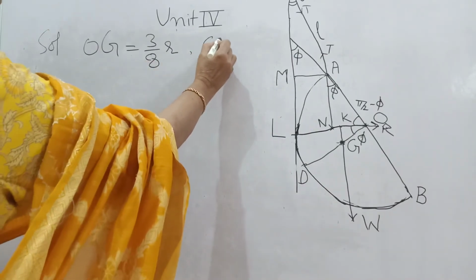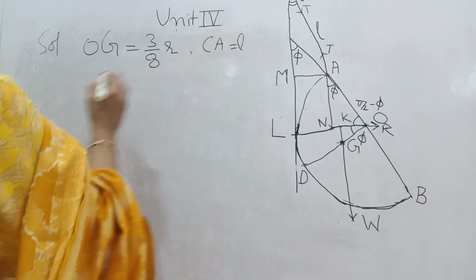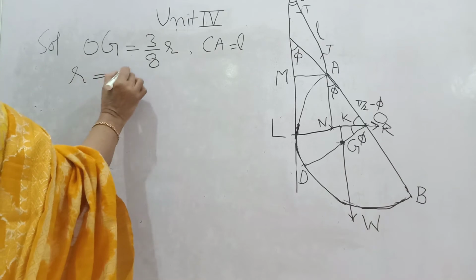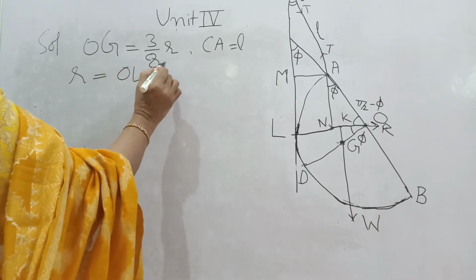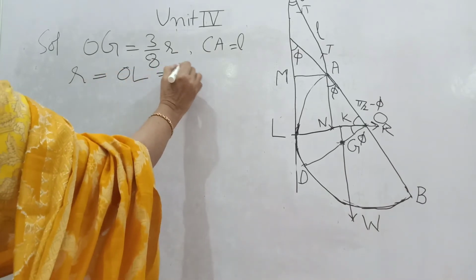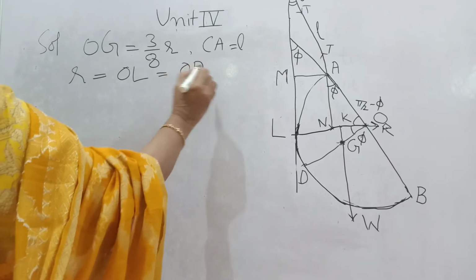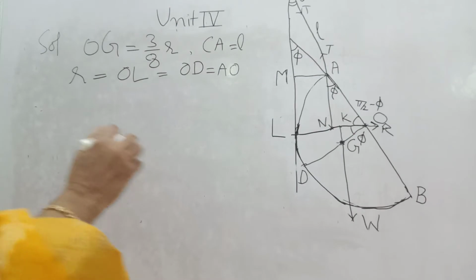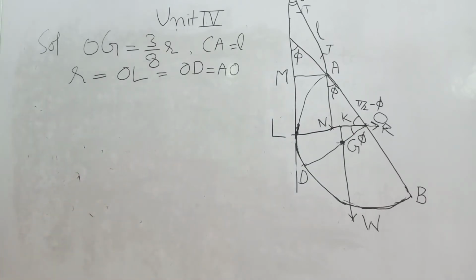It is given CA is L, it is given R is equal to OL is equal to OD is equal to AO also, isn't it? So we can calculate these distances.